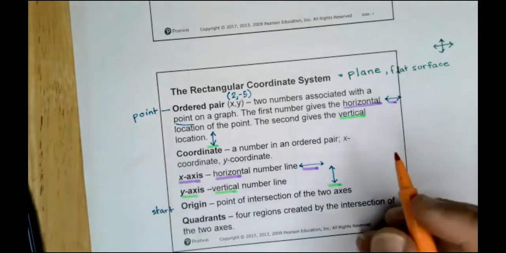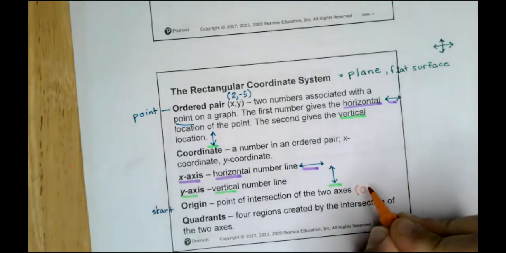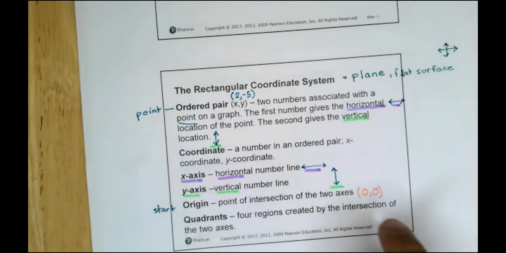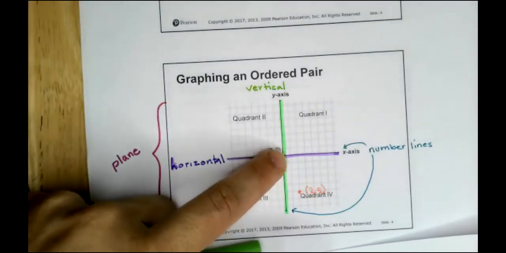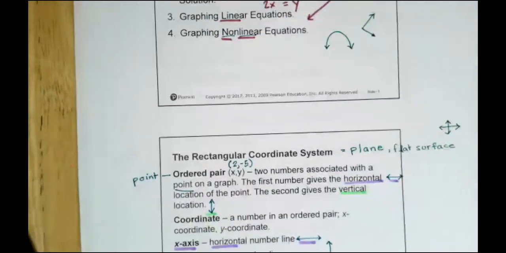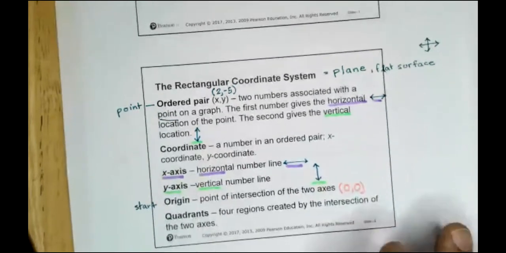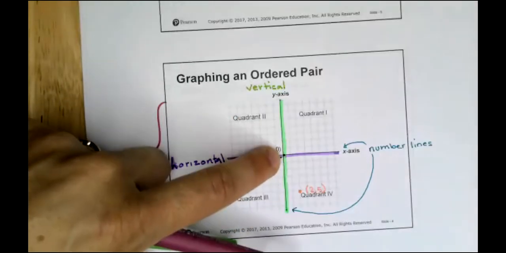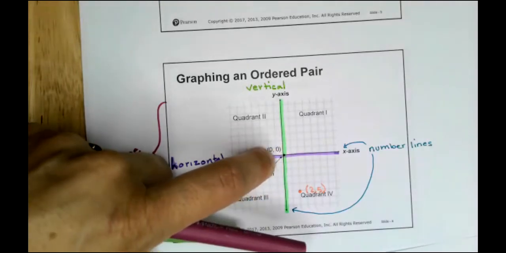For us, that will always be 0, 0. Which means 0 on the x, 0 left or right, and then 0 on the y, 0 up or down. So we did not move left or right, 0. We did not move up or down, 0, okay?